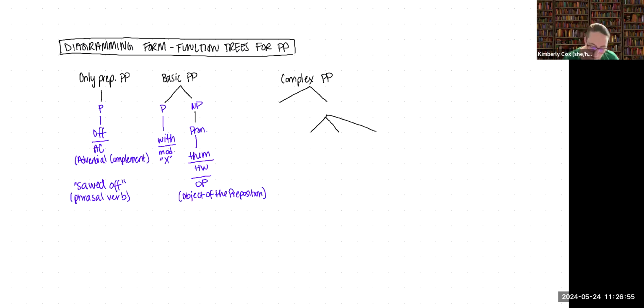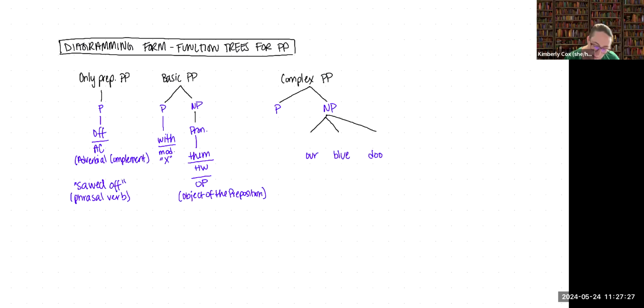So a complex prepositional phrase is going to start the same. You'll have a preposition and you'll have a noun phrase. So let's say that our noun phrase is, for, oops, sorry, that's a preposition. Let's say that our noun phrase is our blue door.